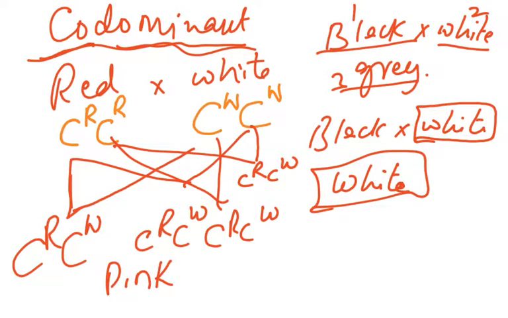But please see how we are writing this. We're not just saying big B, small b, or big A, small a. Now we are writing C for color. And then for red I've written R. And for white I've written C, but I've written W, and this is a capital W. It's not big R, small r. So please understand that in codominance, we always use 2 letters.